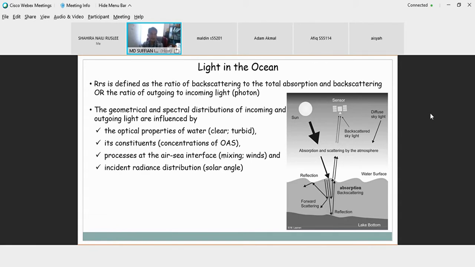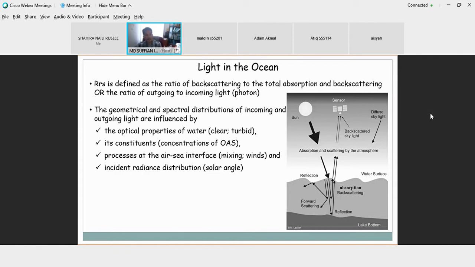Low reflectance. And number 2, there are processes at the air-sea surface or air-sea interface, such as winds, currents, and mixing, which will change the optical properties of the water column.